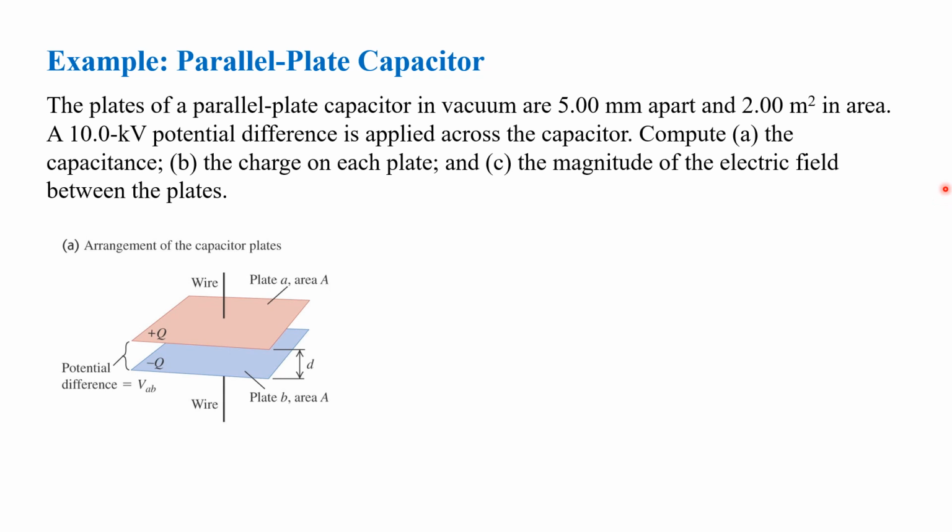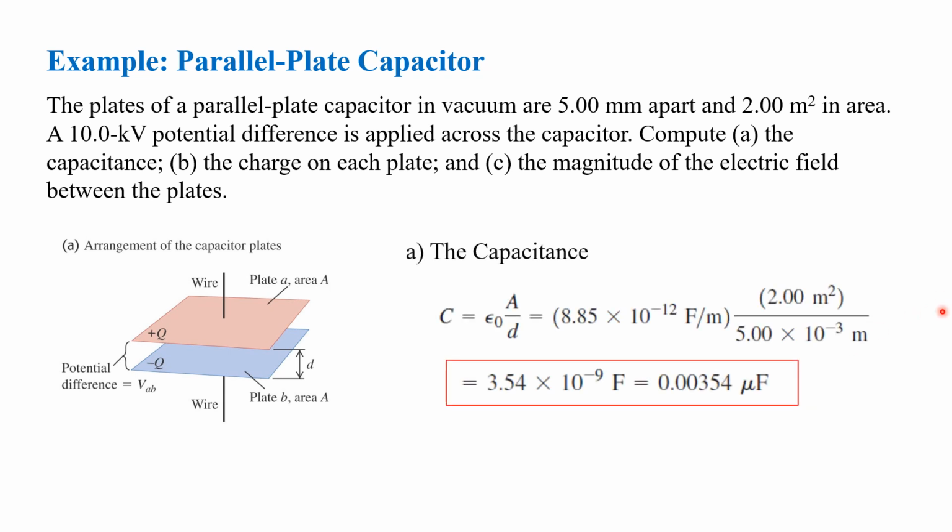Let's solve first the capacitance. The capacitance C is equal to epsilon naught A over D. Here epsilon naught is 8.85 times 10 to the negative 12 farads per meter, the area is 2 meters squared, divided by the distance, which we need to convert into meters, 5 times 10 to the negative 3 meters.